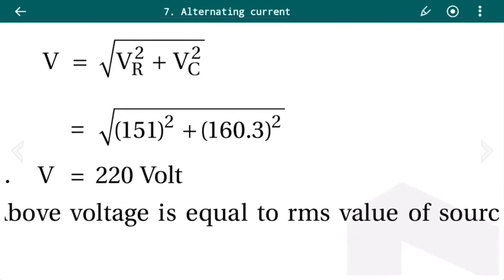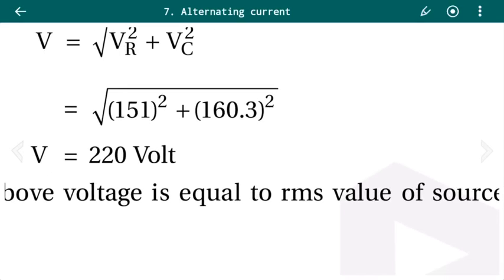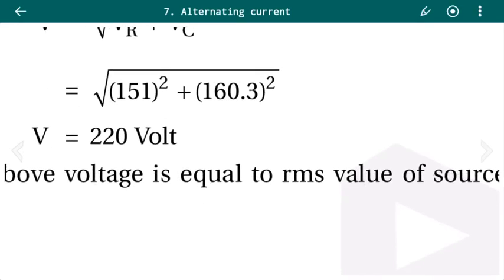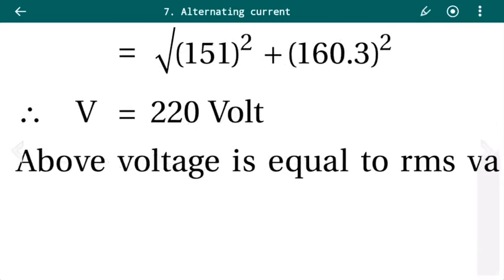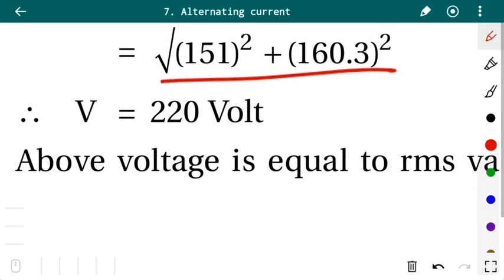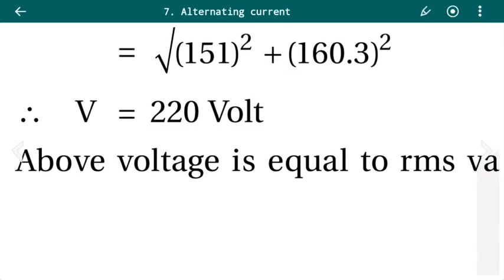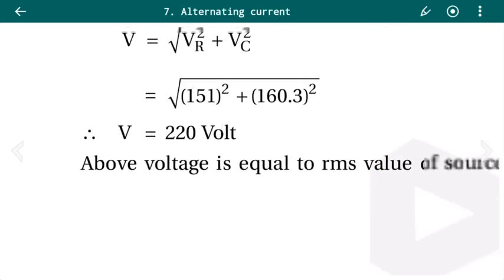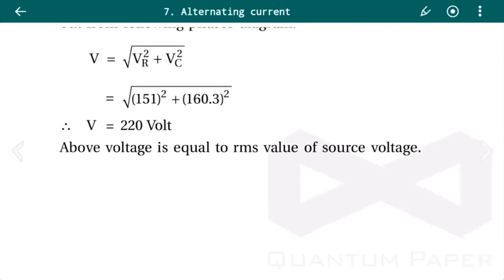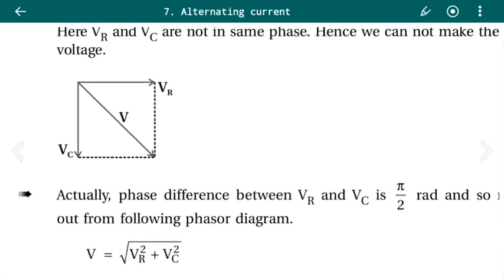Now put the values of VR and VC, that is under root of 151 square plus 160.3 whole square. When we calculate this, we get the value as 220 volt. So the summation of the voltage drops across the resistor and the capacitor is equal to 220 volt. This voltage is equal to the RMS value of the source voltage.